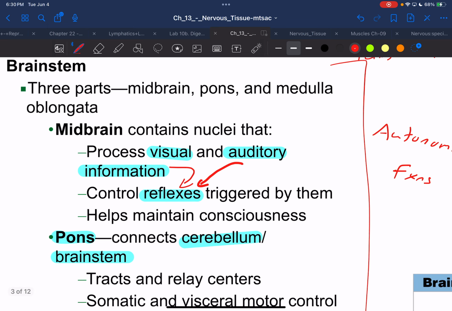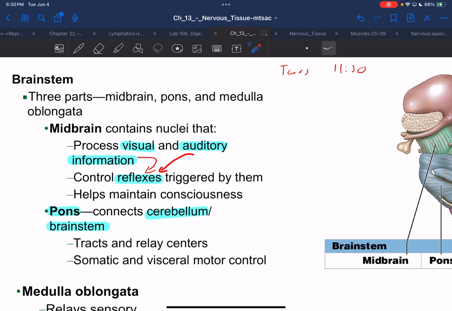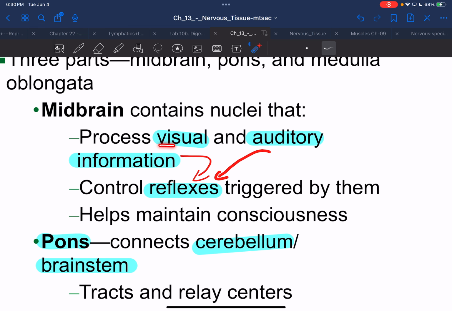And what this means is that, let's say you're walking in the dark, when we say visual reflexes and auditory reflexes, this means that if you're going to the bathroom in the middle of the night, and then you hear a noise like a little pitter patter, like of a rat or something, your cat, your dog, something moves, what can you do, right? Your head goes naturally to the sound. That's what auditory reflex is.